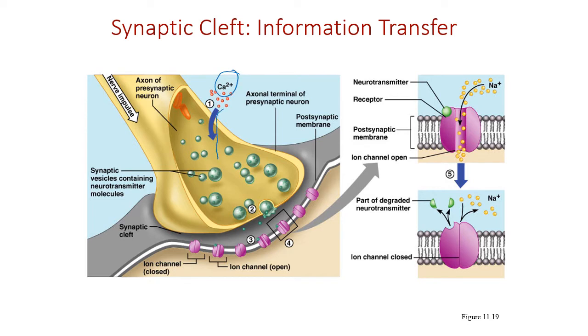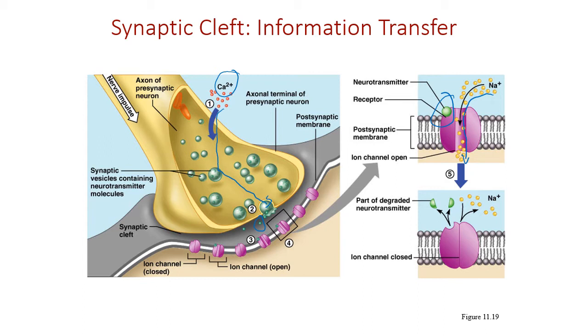That's going to cause the migration of vesicles towards the axon terminals. And those vesicles are then going to exocytose our neurotransmitter to where it then binds to a receptor. And in this particular case, it's going to cause the opening of a sodium channel, and sodium can then rush in to the inside of the cell.